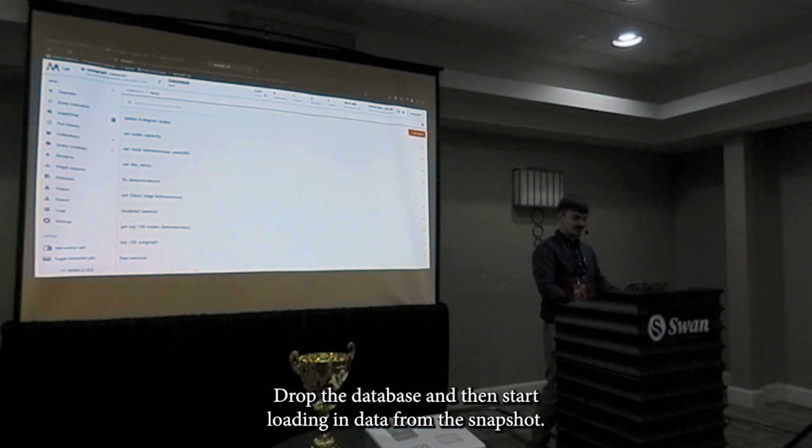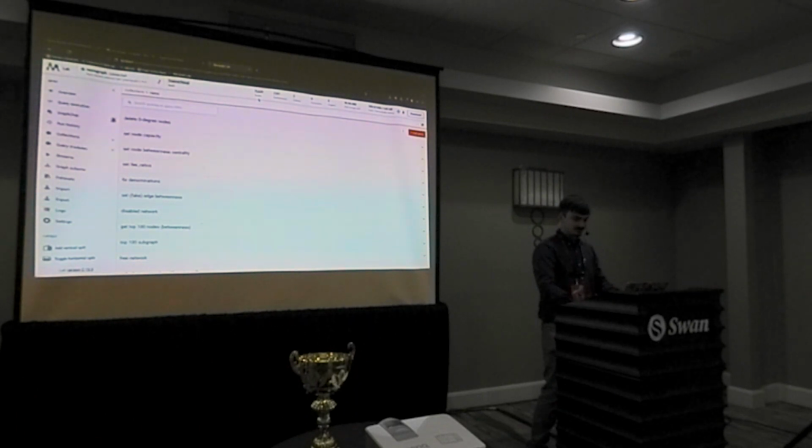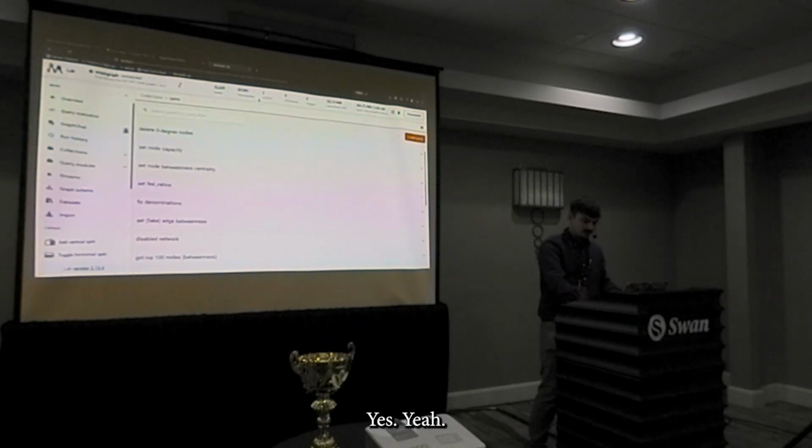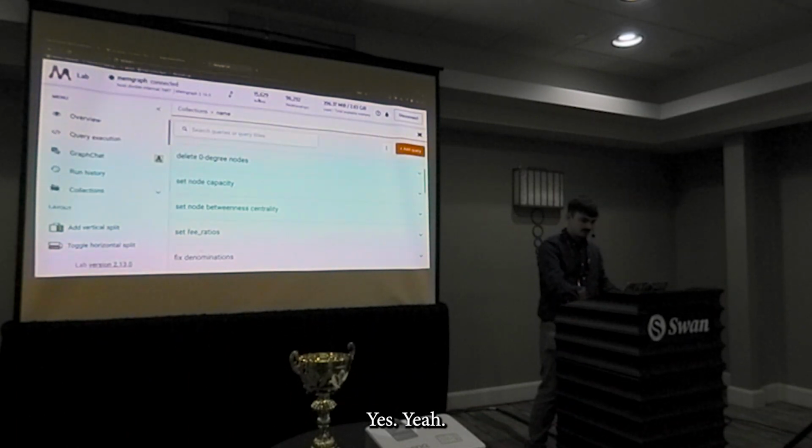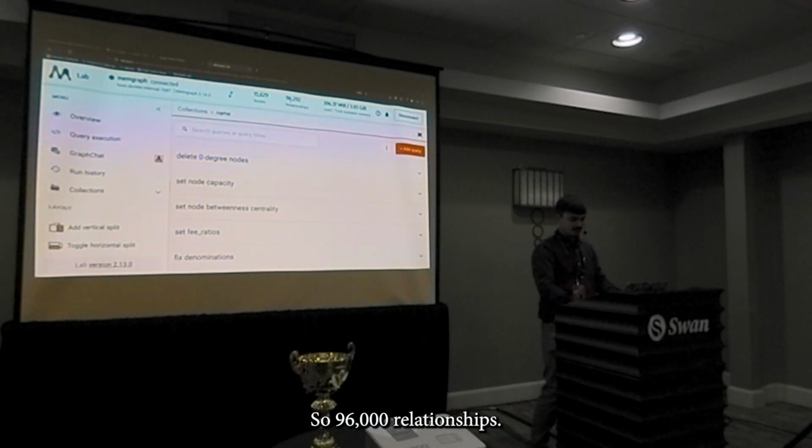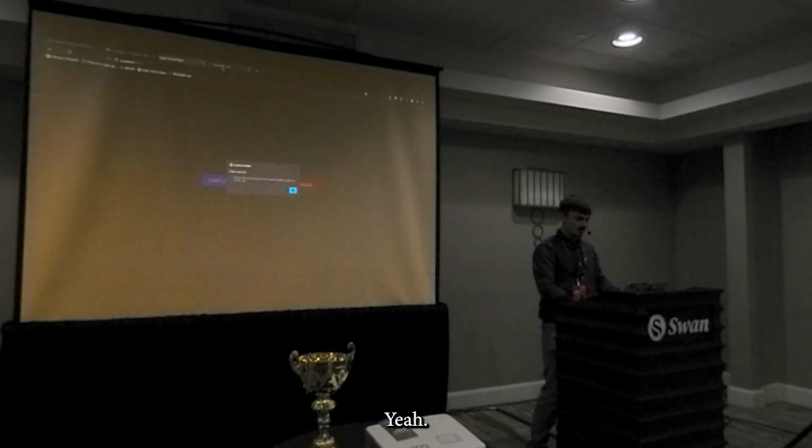Should drop the database and then start loading in data from the snapshot. And there's about 98,000 nodes, and 96,000 relationships.